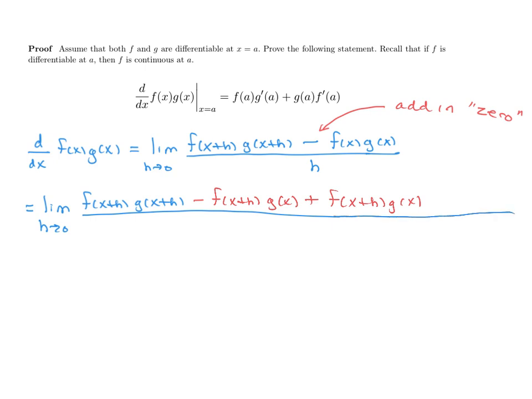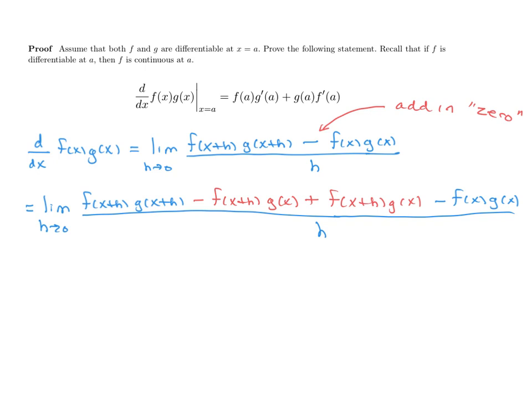And then I'll copy down this minus f of x, g of x. Now, this is definitely equal to 0. So we added 0 into the numerator, so this fraction should be equivalent to this one.